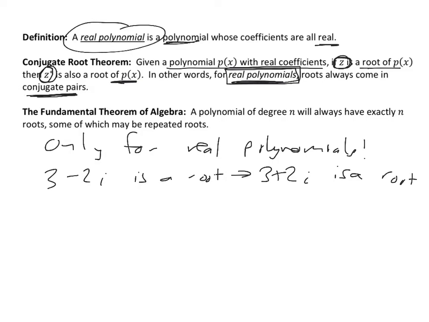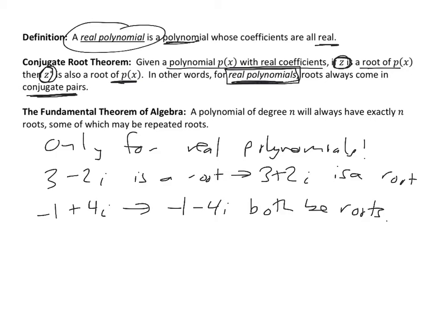So, for example, if I had negative 1 plus 4i, what other root would immediately be a root for us? It would be negative 1 minus 4i. And these would both be roots. Okay, the conjugate root theorem is huge in terms of what we can do and the ways that we can factor and break down polynomials.